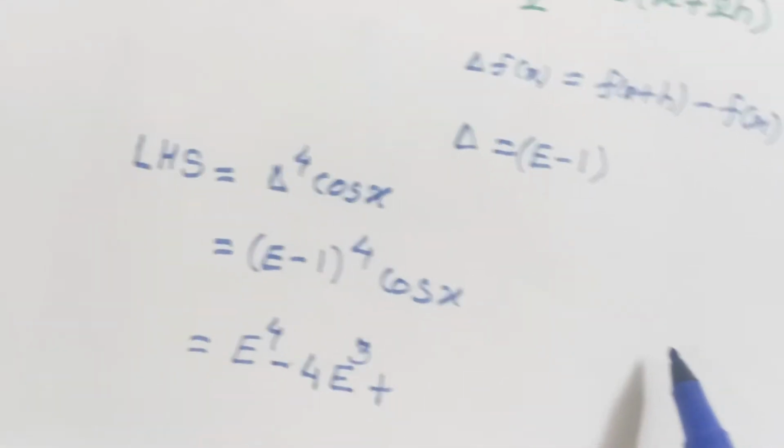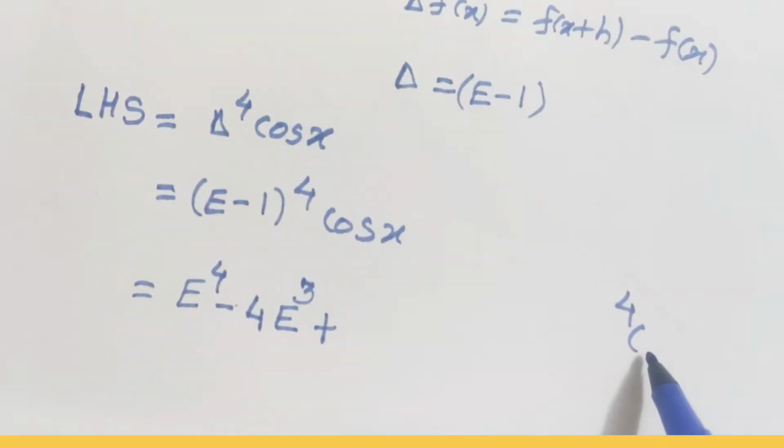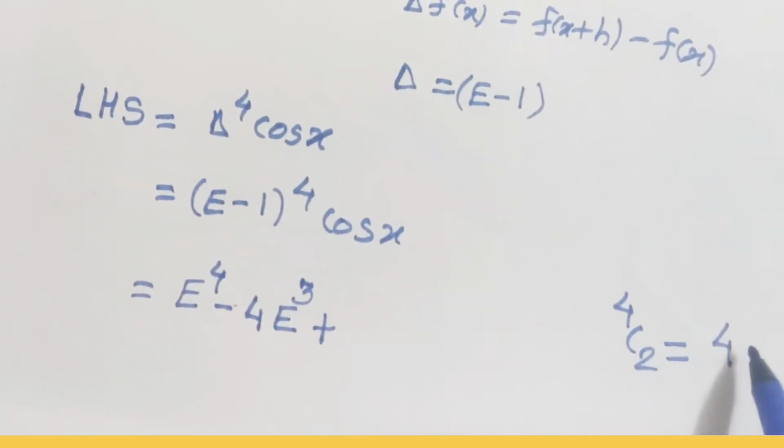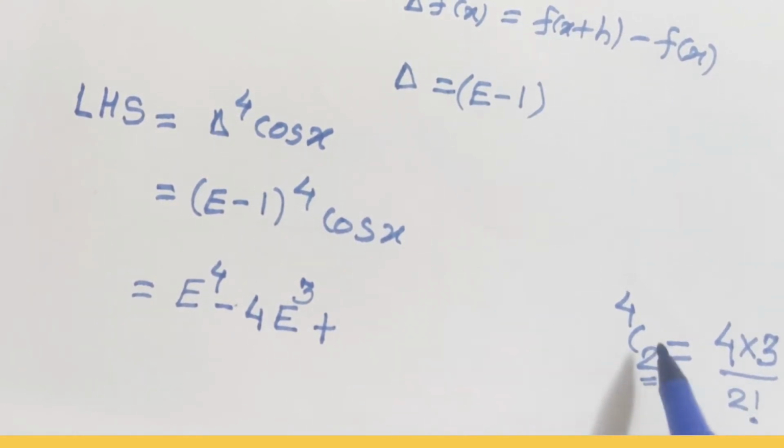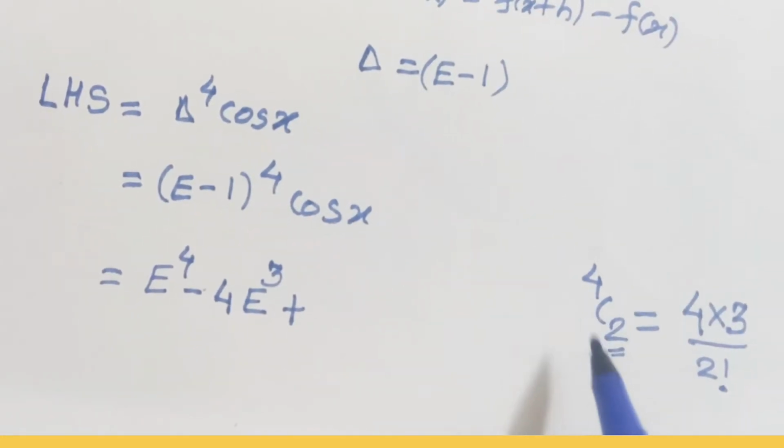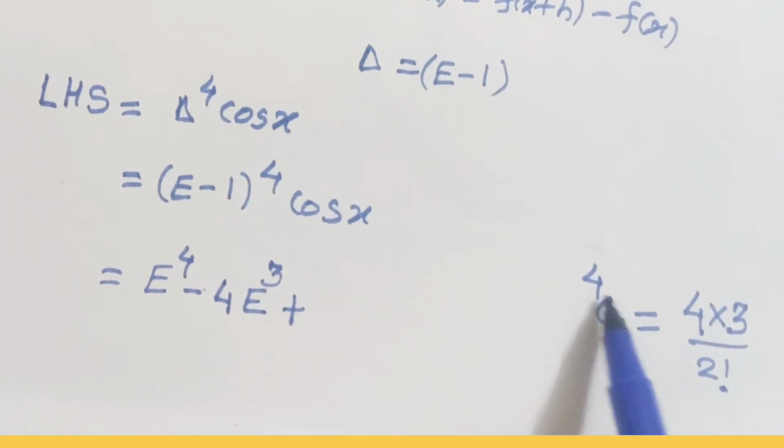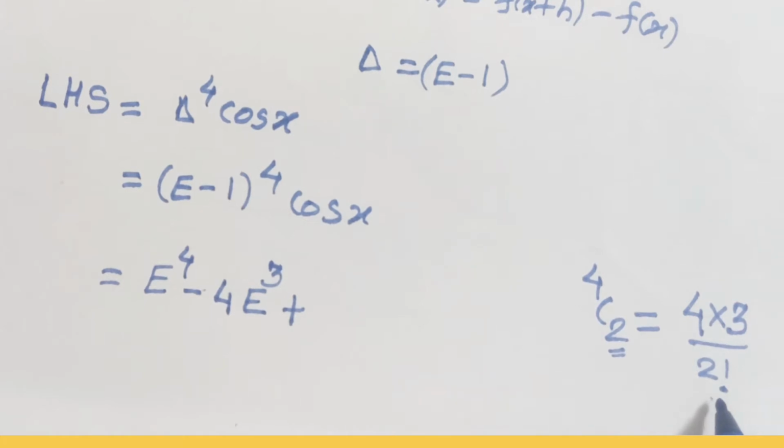Here the value of 4c2: we write 4 and reduce it up to twice, divided by 2 factorial. We know the standard formula, but applying the standard formula and then simplifying is longer. A better way is to remember this: write 2, then reduce 4 up to twice, and write 2 factorial.